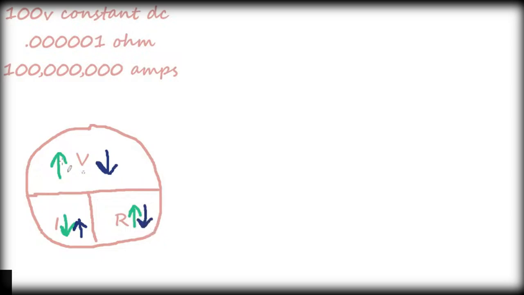Now, the easy way to understand this, give me 1 second. Yeah, okay. The easy way to understand this, right about now, you're asking the same question I asked. How does the resistance go down when the current goes up?